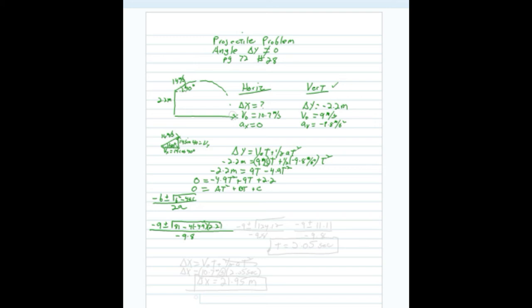What I usually do is work on what's in the radical first. So negative 4 times negative 4.9 times 2.2 equals 43.12. So 81 minus 43.12.